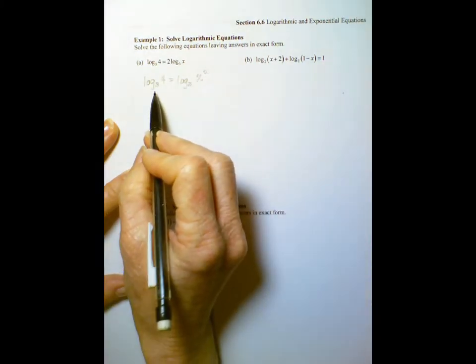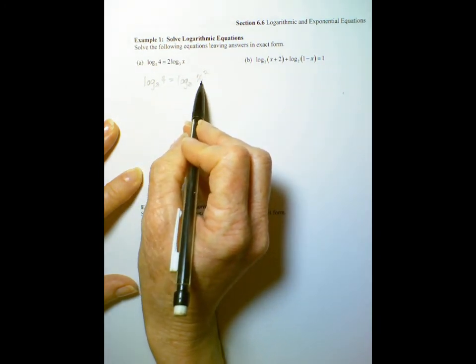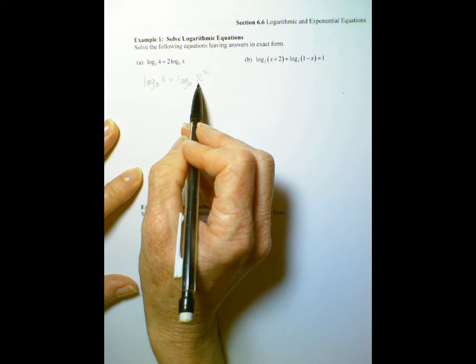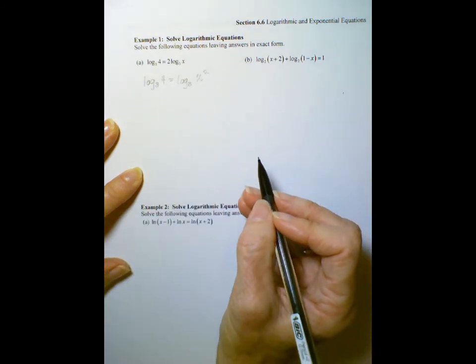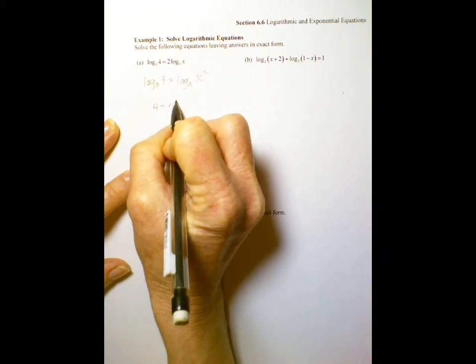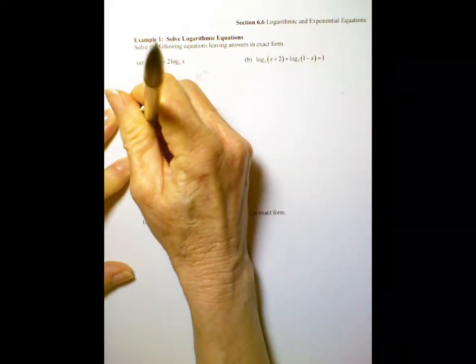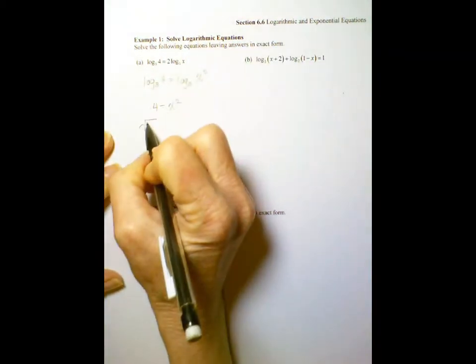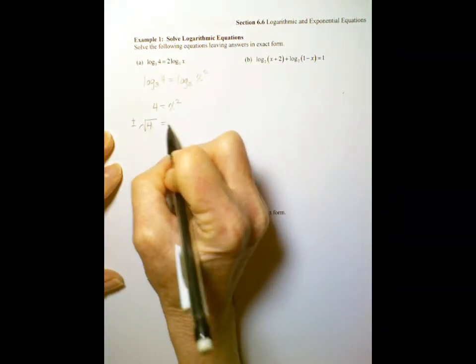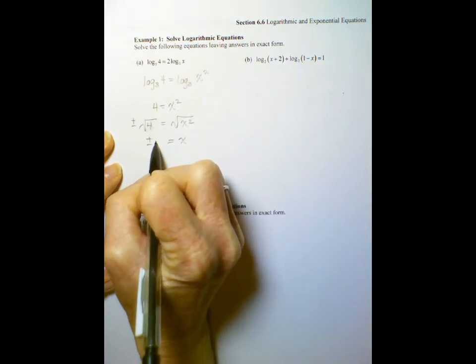Now I have it in the form of log base a of something equals log base a of something else, right? M and n. So we can use that property number 9 and say, well, if that's true, then this is true. And then take the square root, of course I'm getting ahead of myself here. Take the square root plus or minus, and I get x equals plus or minus 2.